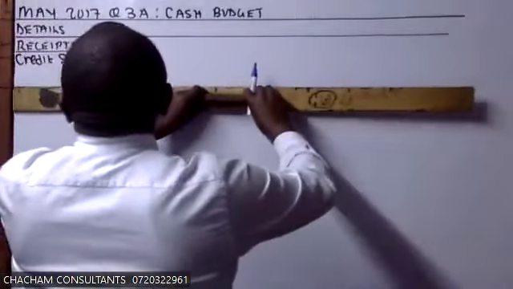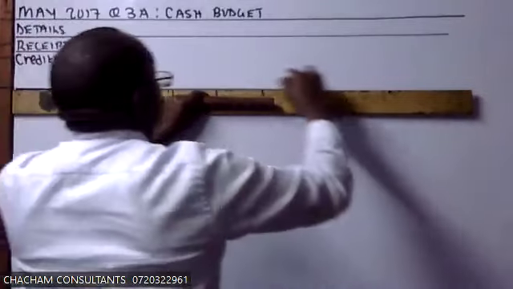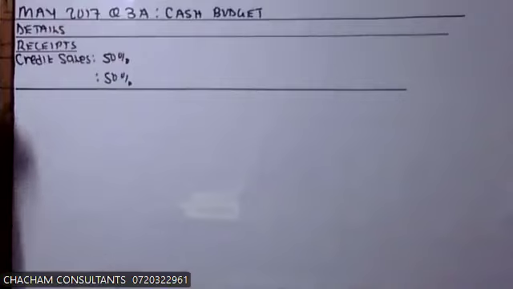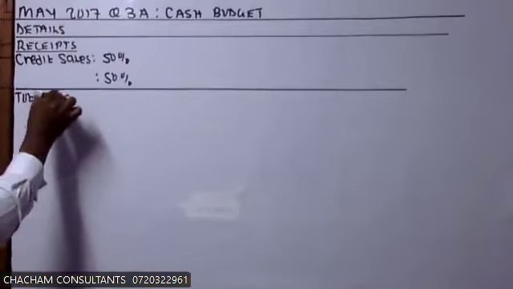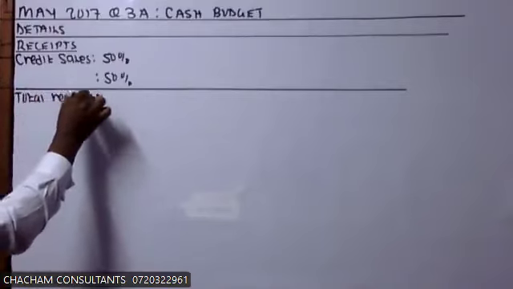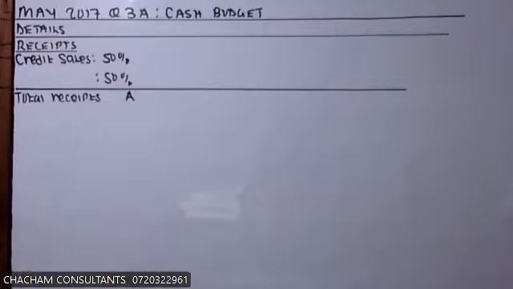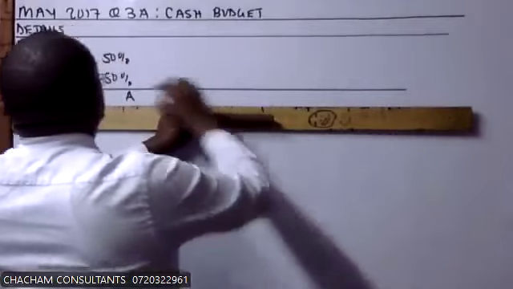So we record total receipts, and we designate these total receipts as letter A.